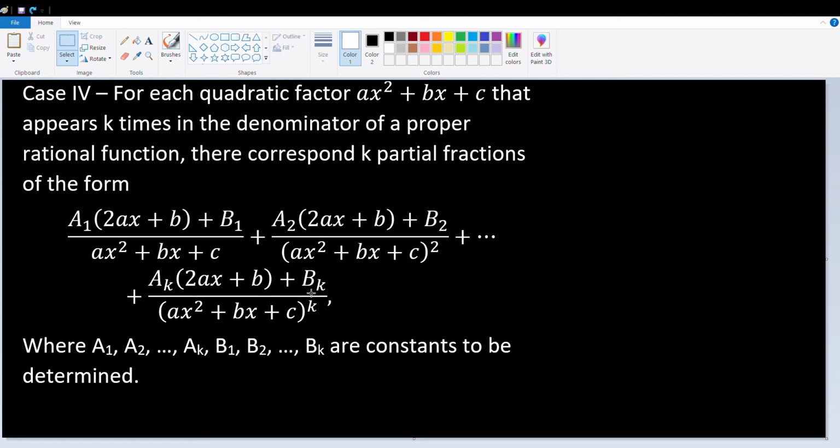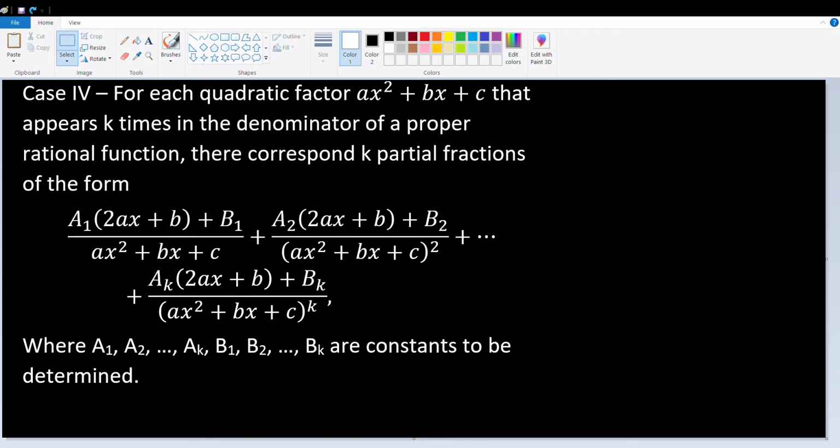And for each partial fraction, there are two constants to be determined. So all in all, for the quadratic factor that is repeated k times, there will be 2k constants to be determined. And just like in case 2, every time that the factor is repeated, there is an additional partial fraction, and the power of the factor is increased by 1.